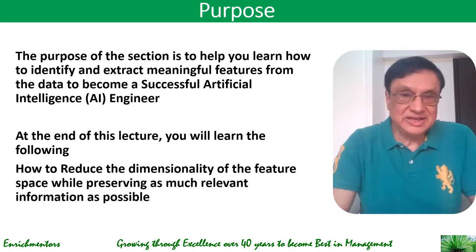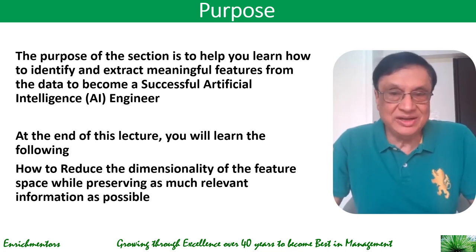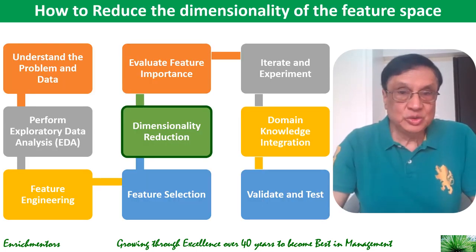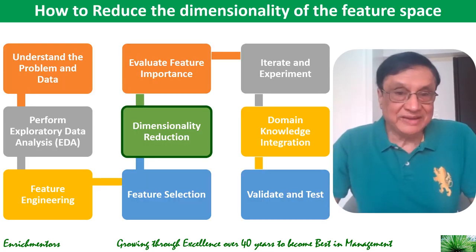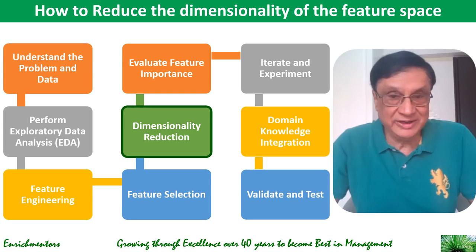So, in this lecture, we will now talk about how to reduce the dimensionality of the feature space while preserving as much relevant information as possible. As you can recall, we are doing this after having generated a lot of features to brainstorm in the feature engineering step, after first understanding the data and the problem and exploring data.